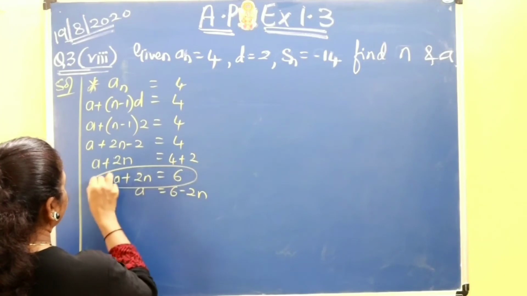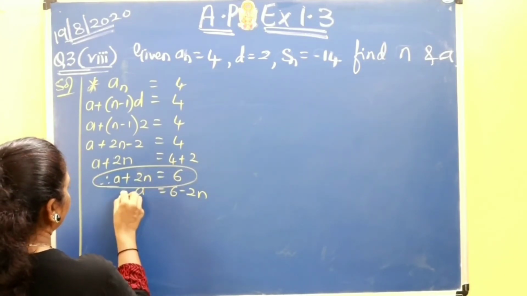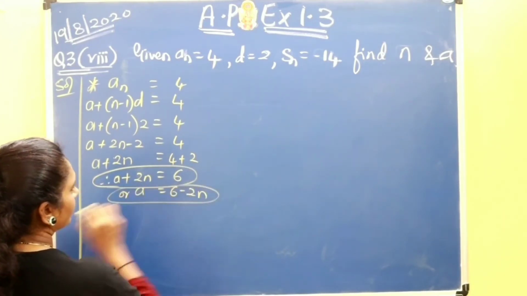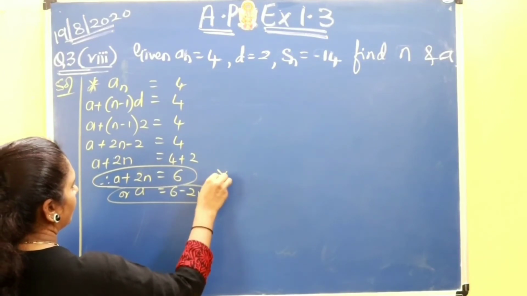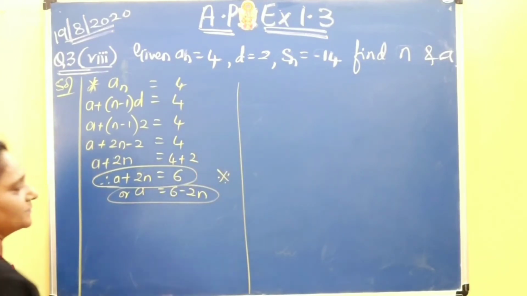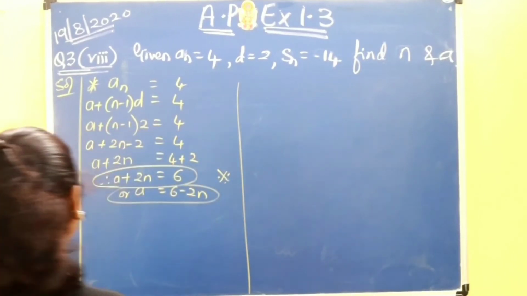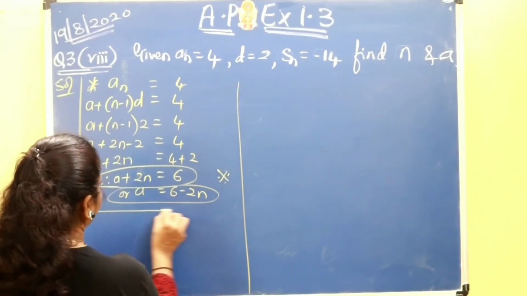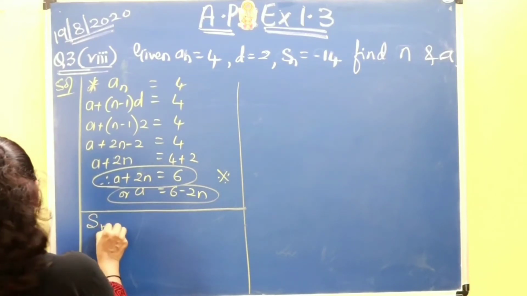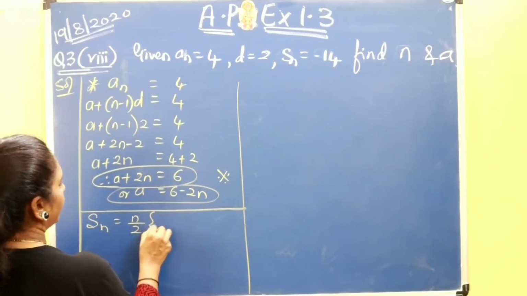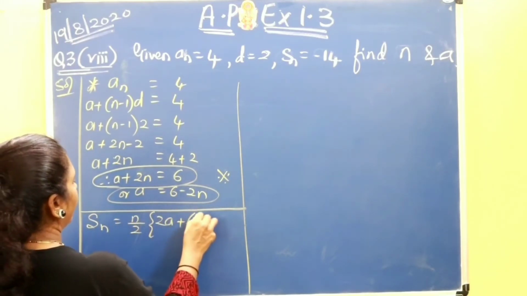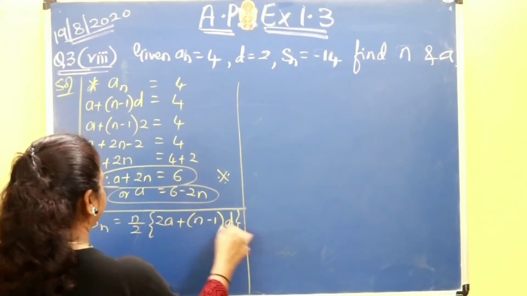One thing is, you will get a plus 2n is equal to 6, or you can write a is equal to 6 minus 2n. These are two important things which we have with us. Now you find out Sn. Your Sn is equal to n by 2 into 2a plus n minus 1 into d.